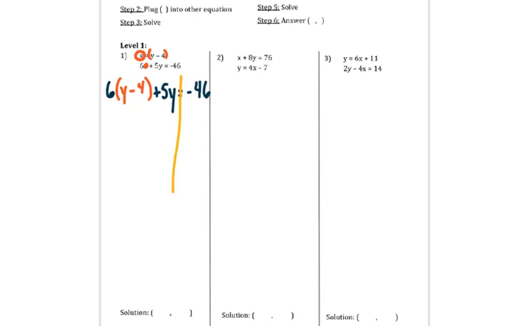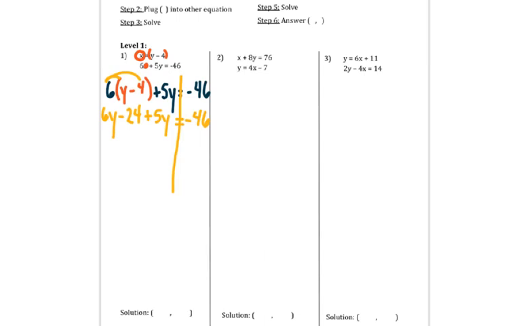To solve an equation, we get rid of parentheses first. 6 times y is 6y. 6 times 4 is minus 24. Then there's this plus 5y, there's an equal sign, and there's a negative 46.